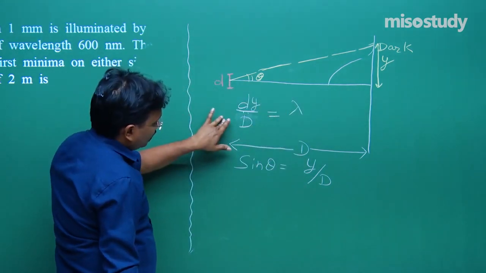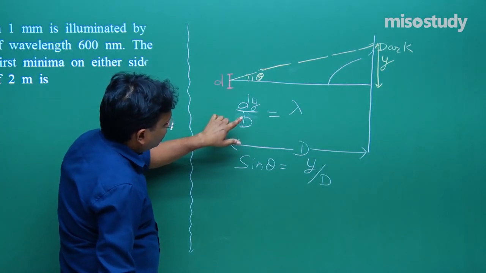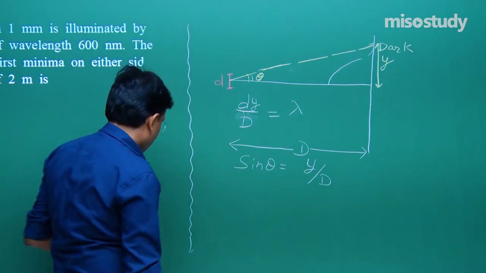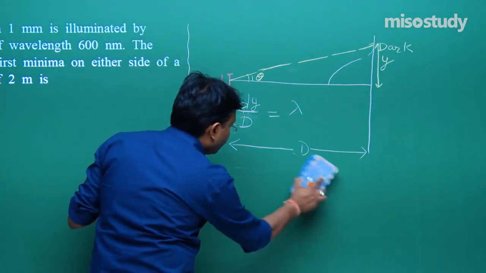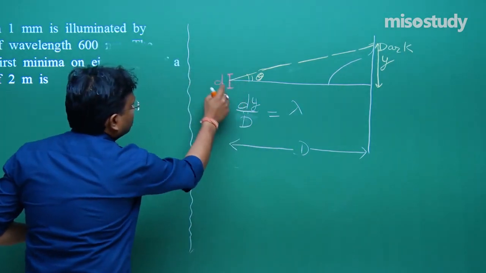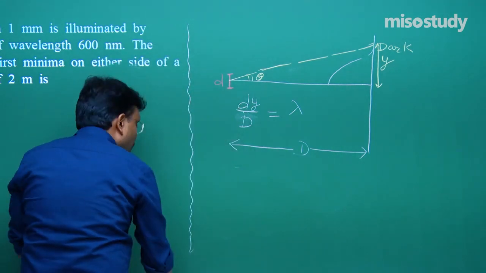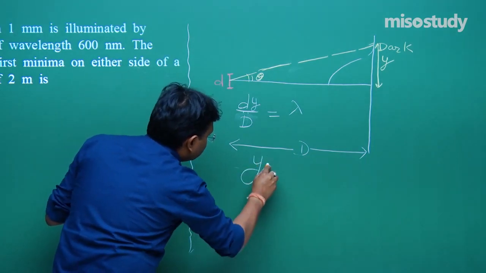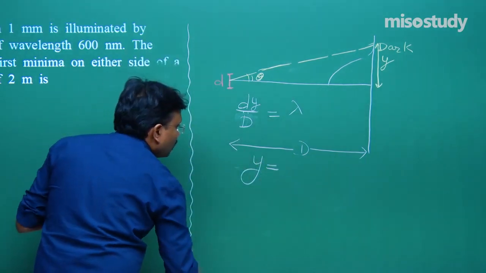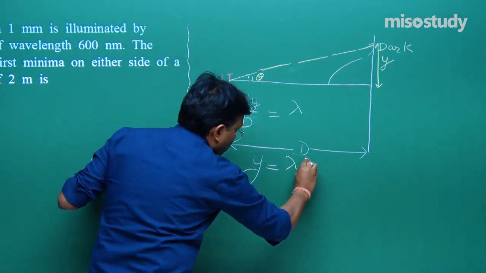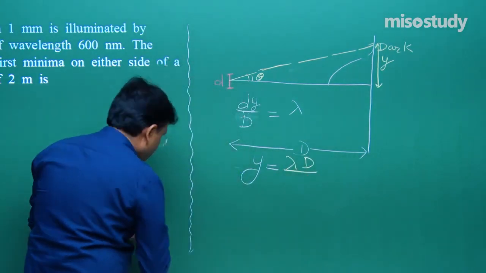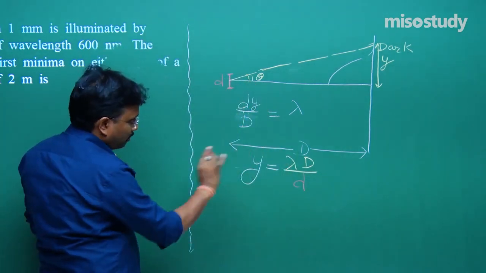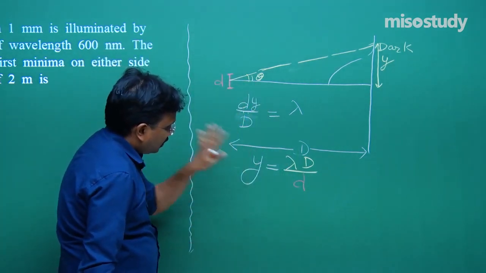Okay. Now, here the values are given in this manner, that y is equal to lambda D by d. So, I can write it this way. This is capital D, red color d, fine. So, y is equal to lambda D by red color small d. I hope now these three colors, the equation is clear.